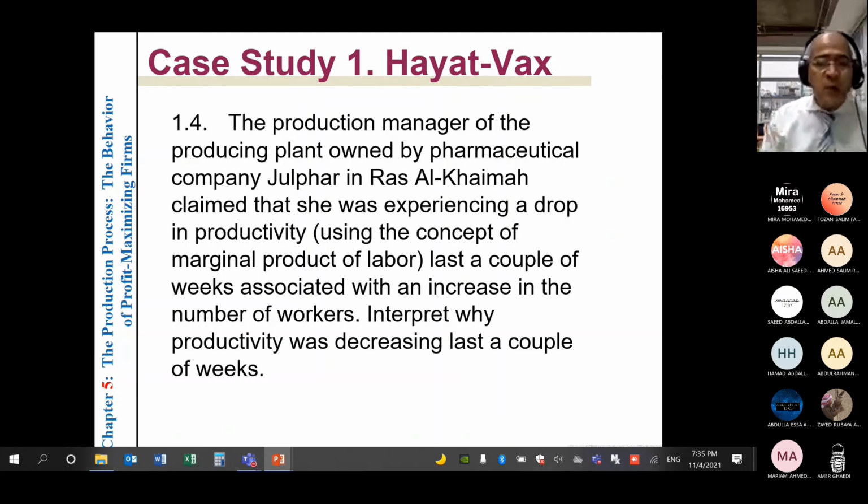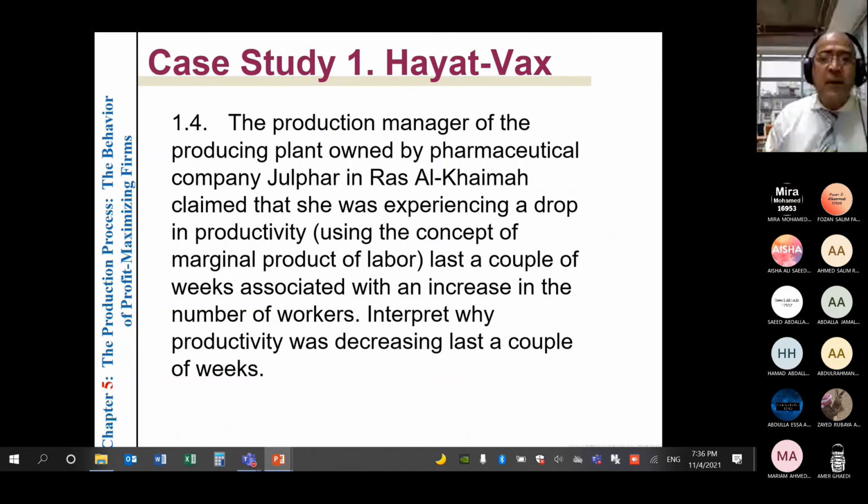As they add more units of labor, total product increases at a decreasing rate, causing marginal product of labor to decrease. Why? Because of the law of diminishing marginal returns. What's the meaning of the law of diminishing marginal returns?